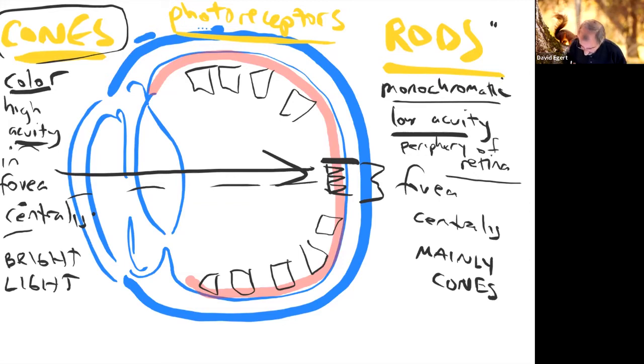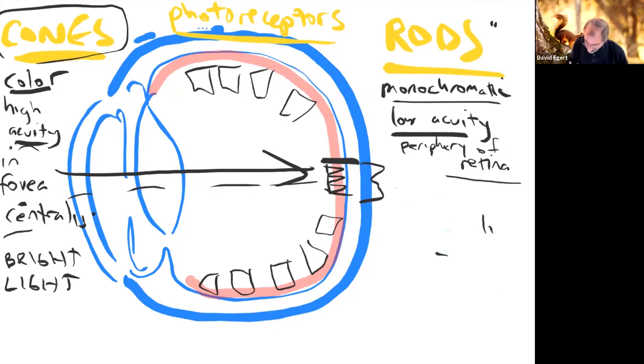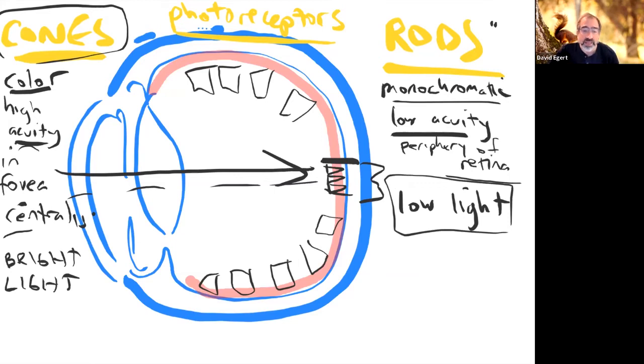Rods, on the other hand, will work in low light. So when you're out walking under the moonlight, you're in rod vision. That's why things look monochromatic, right? If you're walking around in the moonlight, you don't have a lot of vibrant colors on everything.